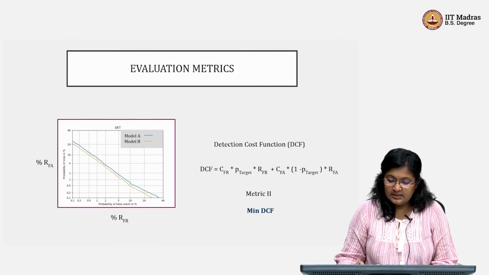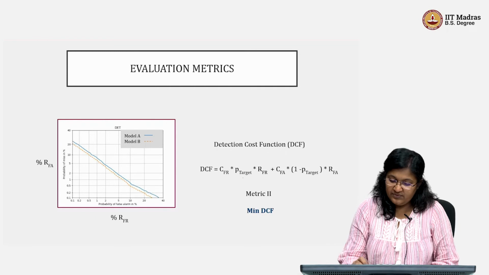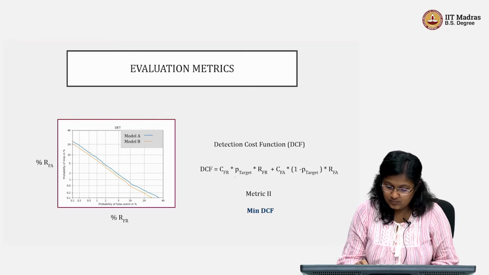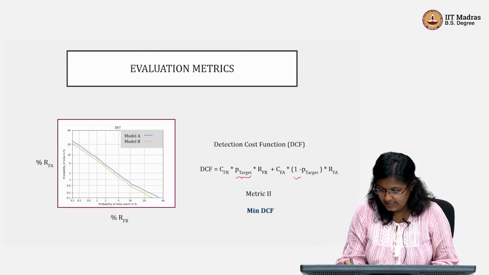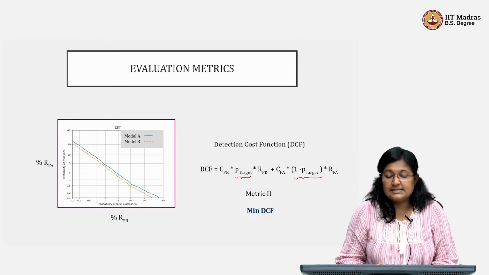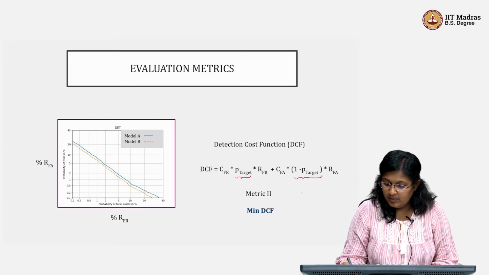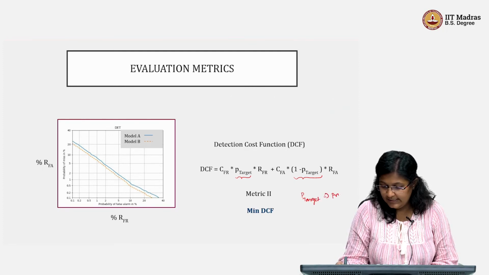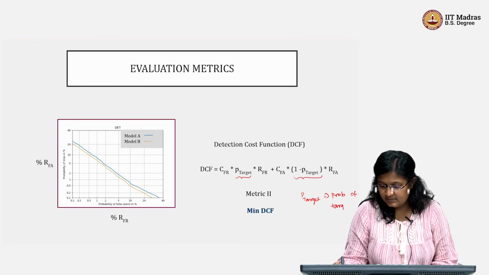Okay. To this cost function, there is one more entry that is to be brought in, which is called the P target, which is actually the probability of target access.